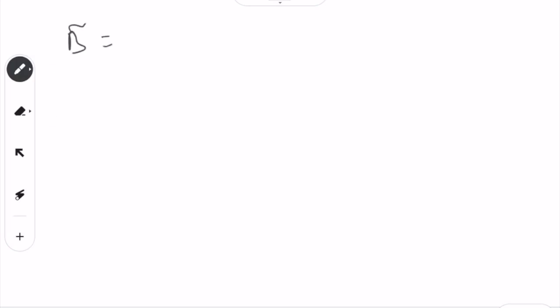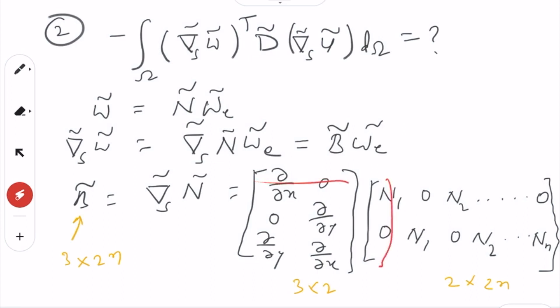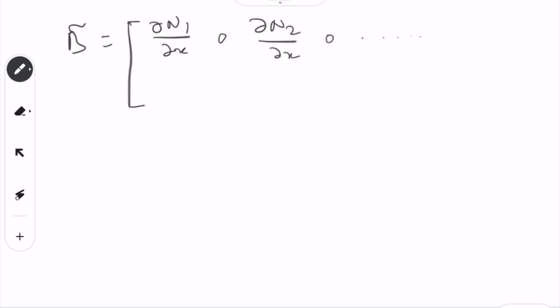So, B tilde will be equal to del N1 del x. First one is del N1 del x, second one this multiplied by this 0, then this multiplied by this again, so del N2 del x and so on. So first row is like this: del N1 over del x, 0, del N2 over del x, 0 and so on, till del N over del x, 0.